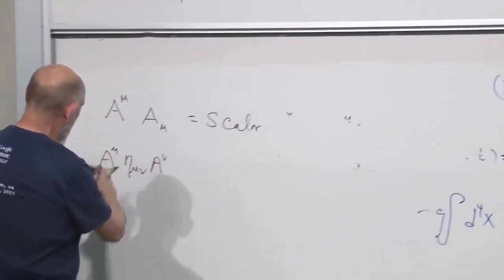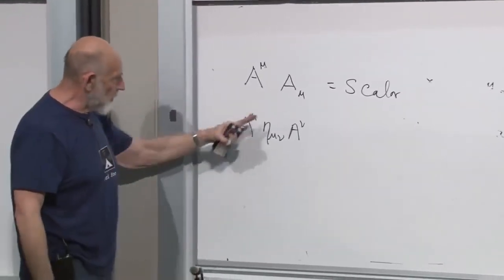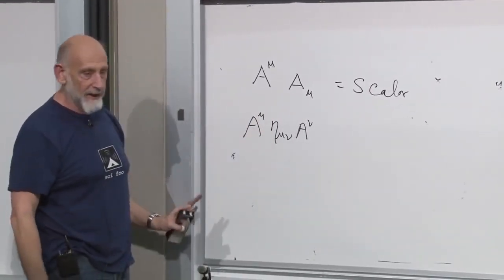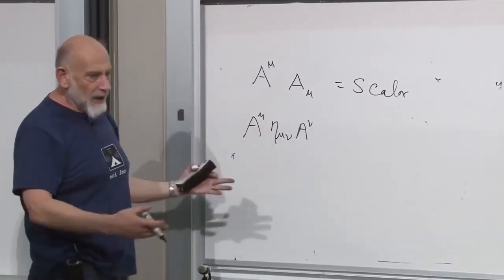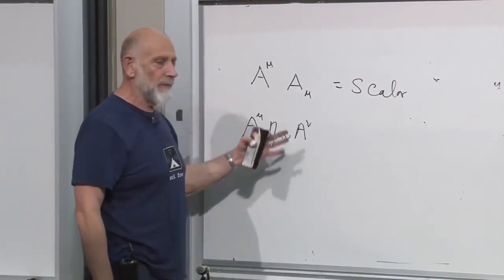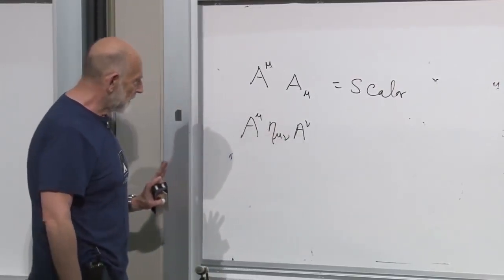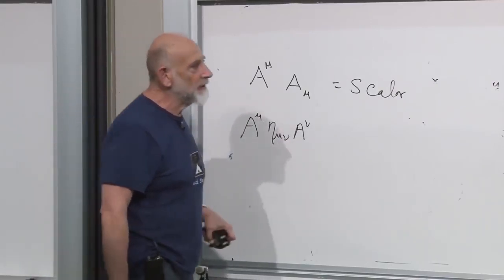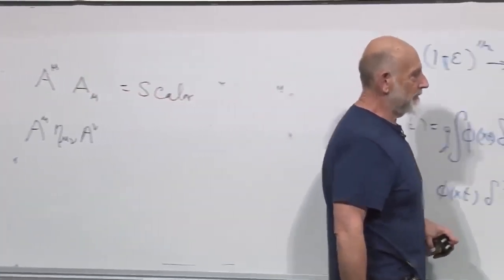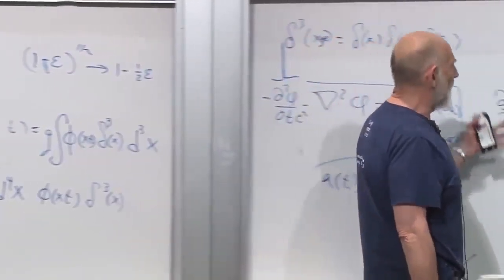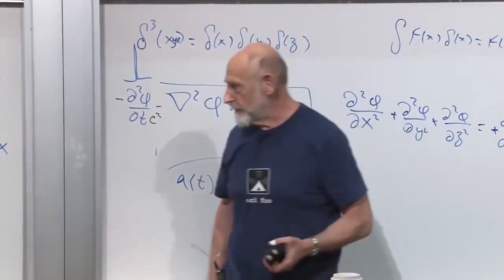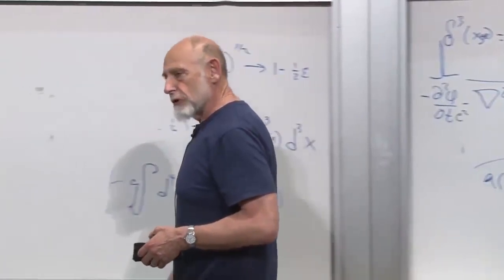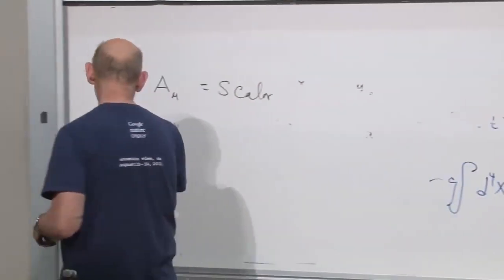So here's another way to write it. You sum over mu and nu with the matrix eta. It's the same thing. All it stands for is A_T squared minus A space squared. That's all it stands for, but it's a neat way to write it where we don't have to keep rewriting x squared, y squared, z squared, and so forth. So that's the first notational device.